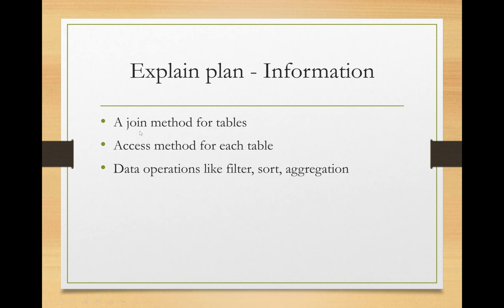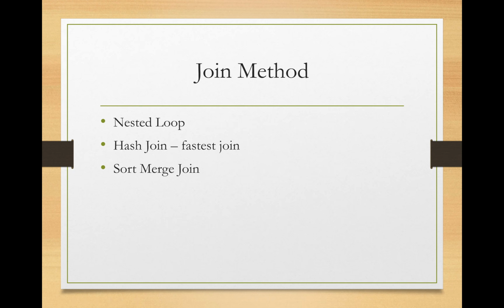Some different join methods are there; I will tell you the three join methods. It will tell you what join method it is using, the access method for each table, how it is accessing the tables, and the different operations, whether it is going for sorting, aggregation, or filter. All this it will show you. That's what explain plan will give you.